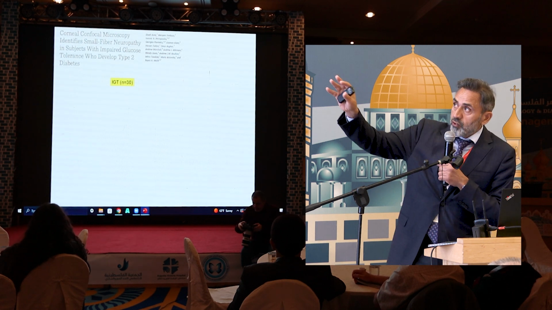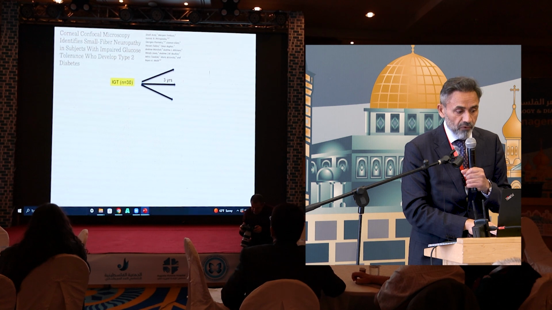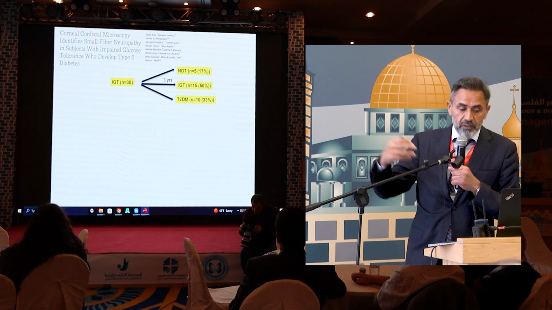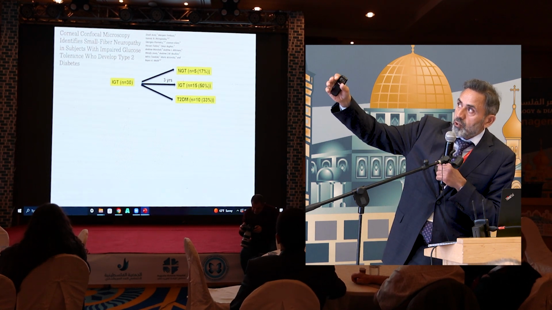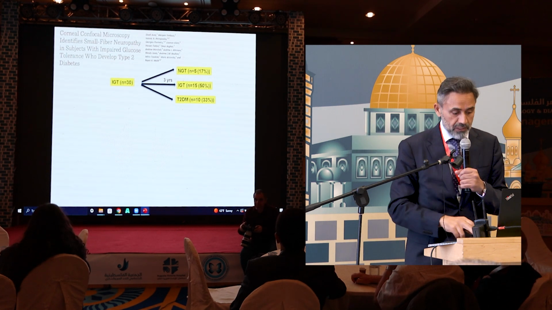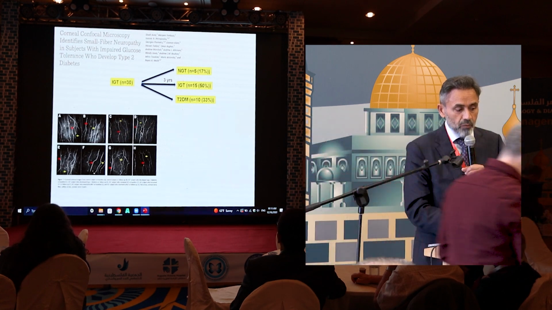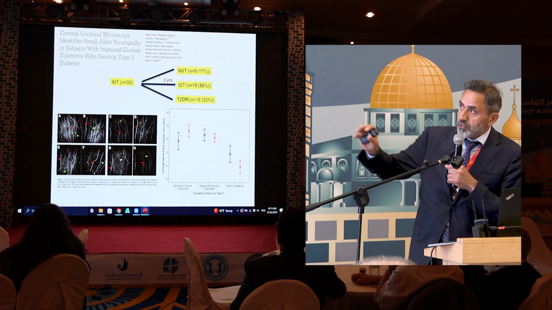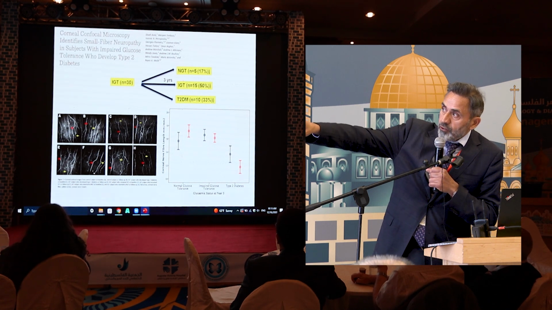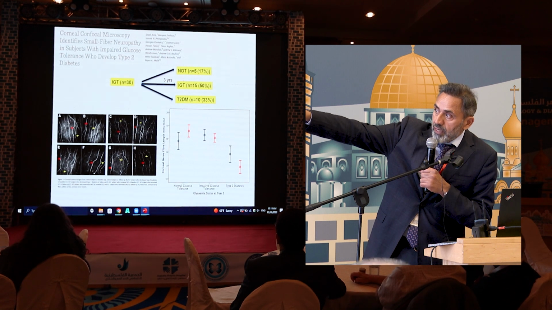So we took a cohort of 30 people with impaired glucose tolerance, and we followed them over 3 years. 17% went into normal glucose tolerance, 50% remained IGT, 33% developed type 2 diabetes. What was in their corneal nerves? Well, we looked at their corneal nerves, and what we showed is that if you had normal glucose tolerance, you had more nerves to start with compared to impaired glucose tolerance compared to type 2 diabetes.